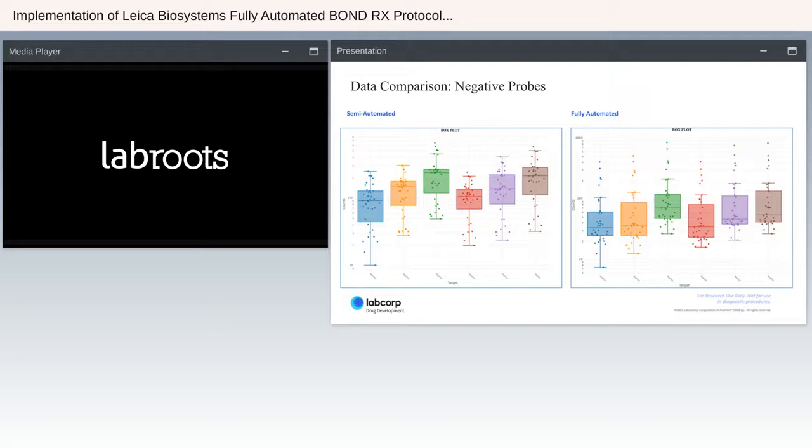So this was really comforting, knowing that we were getting a decrease in the amount of negative probes seen with the fully automated run. So this is actually an increase in the data analytics as far as we could see.